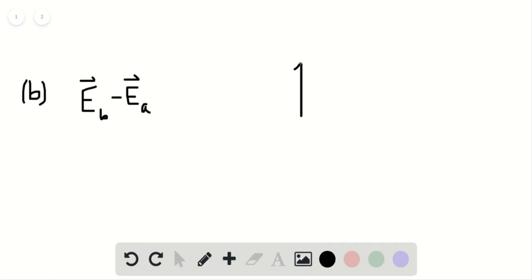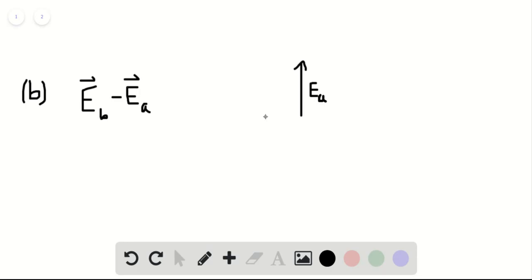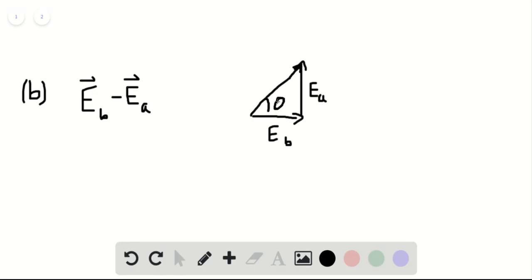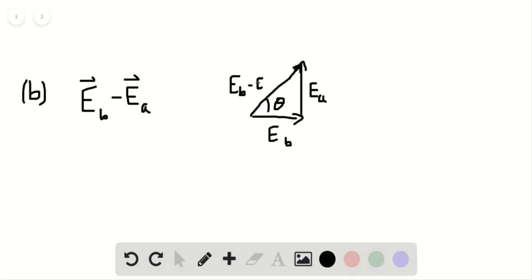E sub A, we're told, is going in this direction with the magnitude, of course, of E sub A. And then E sub B is a vector in this direction. Therefore, this vector here at some angle, theta, which we're asked to find, is E sub B minus E sub A.